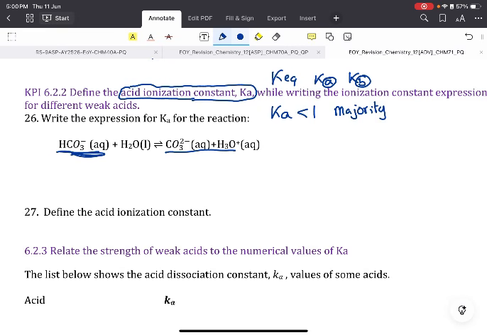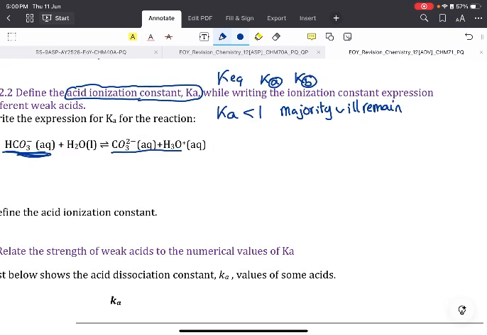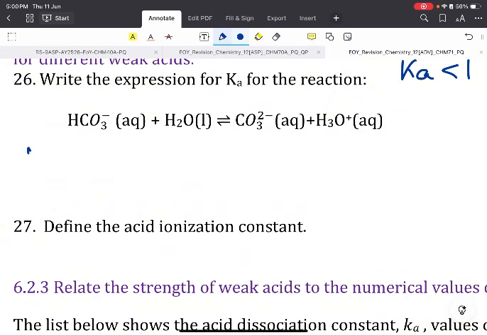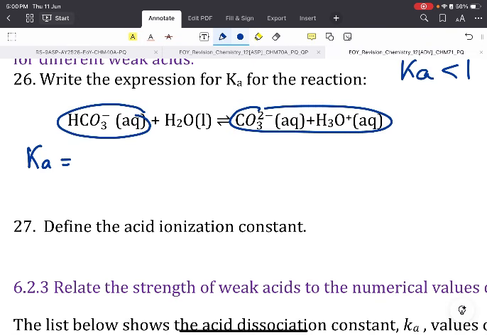So the majority will remain unionized, and therefore the Ka of any weak acid is a small value, less than 1. Now, just like you learned in topic 5, when you write the K equilibrium expression, but in this case we are going to call it Ka, it's the product concentrations over the reactant concentration, and we do not include liquids.